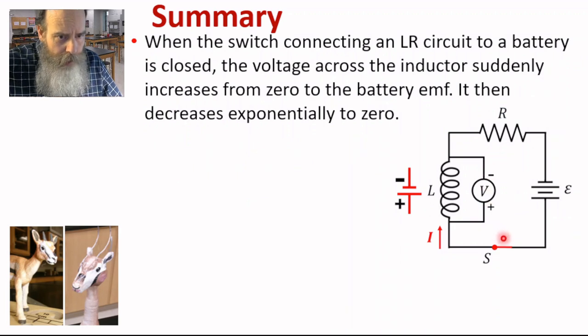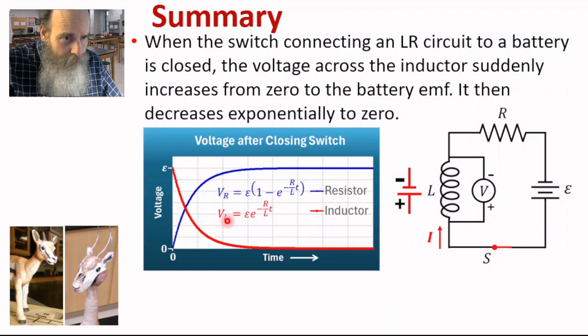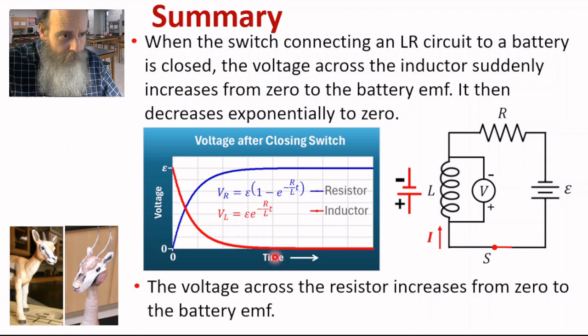When the switch in this series LR circuit is closed, connecting the inductor to the battery, there is a sudden increase in voltage across the inductor. It goes from 0 to the battery EMF, and it then decreases exponentially to 0. So like this, here's the voltage across the inductor. It's high and then goes to 0.